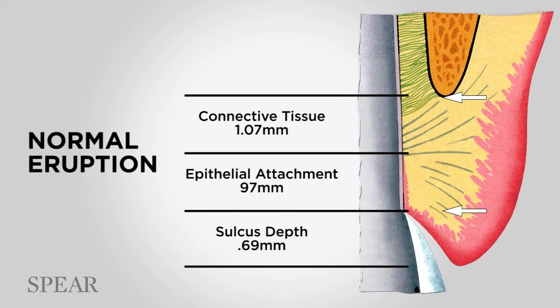So when we think about normal eruption, we realize normal eruption occurs, the roots developing, the crowns moving through bone into the mouth, and typically when normal eruption is complete, what we'll call active eruption, the CEJ is 1.5 millimeters to 2 millimeters coronal to the crest of bone.